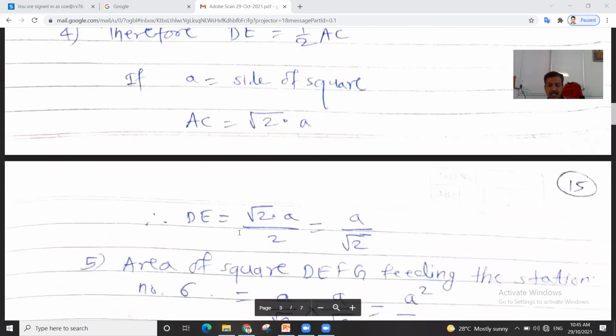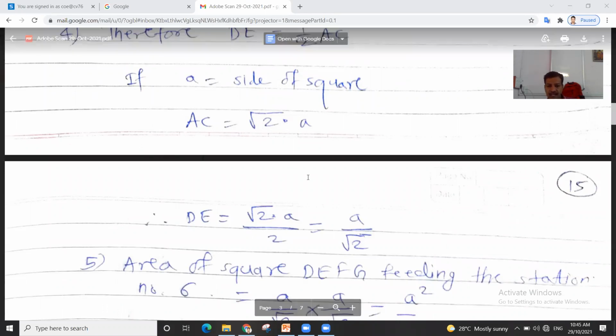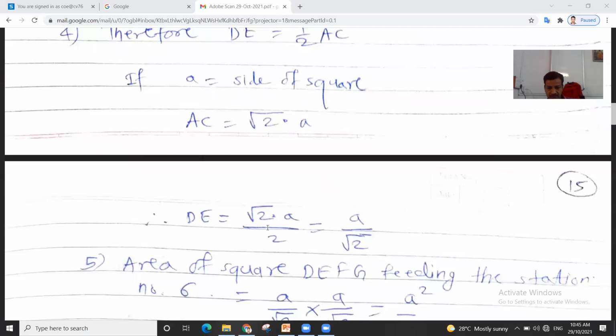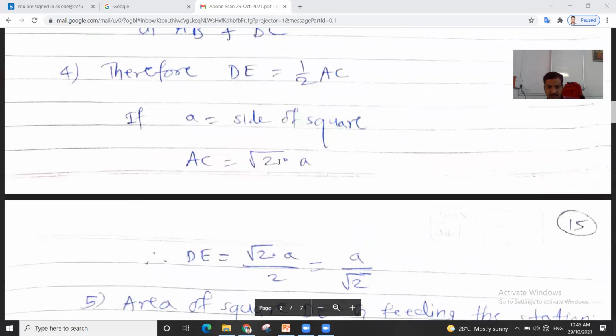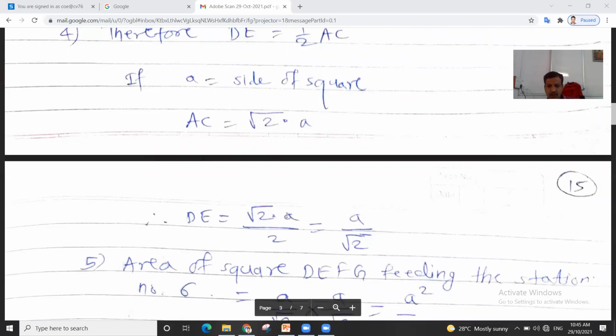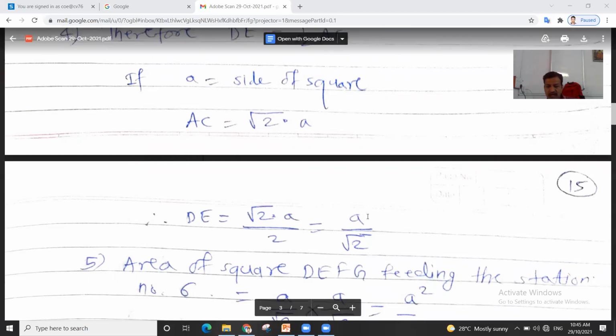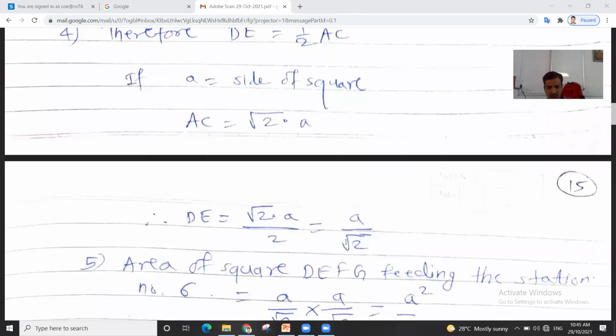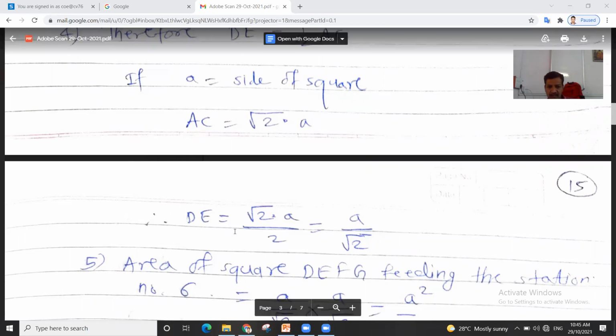DE is equal to 1 by 2 AC. AC is root 2 into A. So root 2 into A divided by 2, what remains is A/√2. Understood? How is DE found? Yes sir.